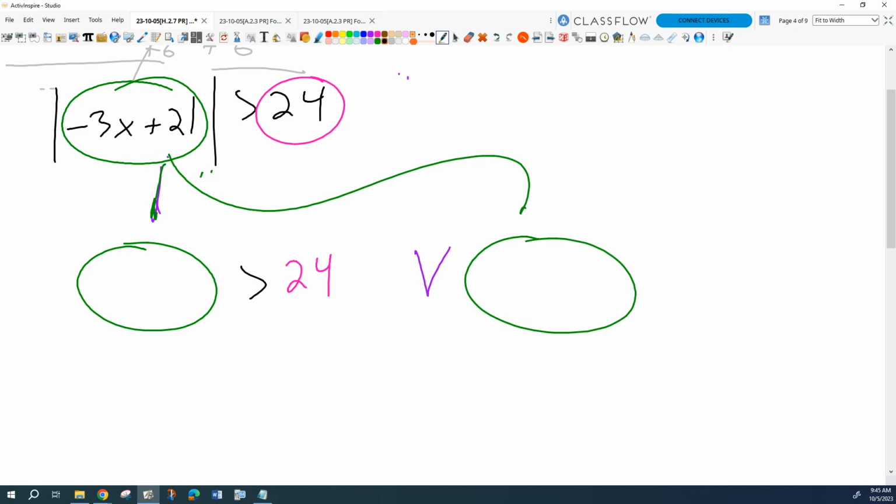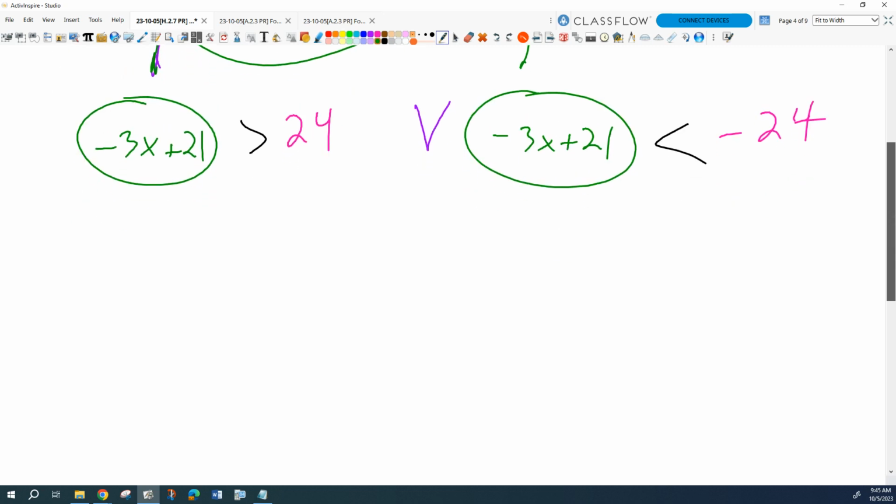Less than -24. And what's inside is -3x plus 21. So look, now we've just got a compound or inequality, and we'll just solve it like we always have, right? We just do each one individually.